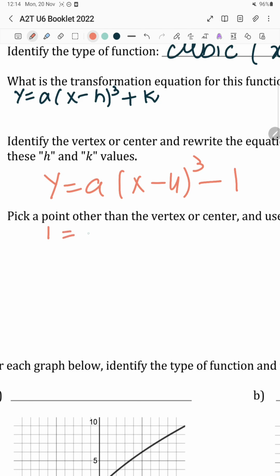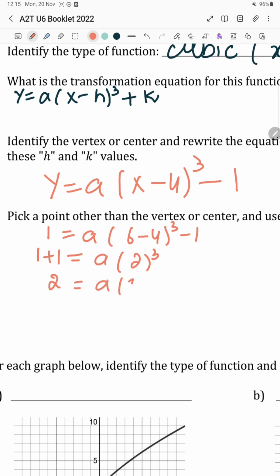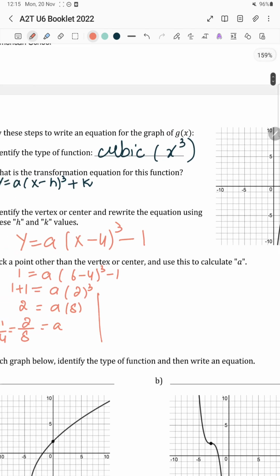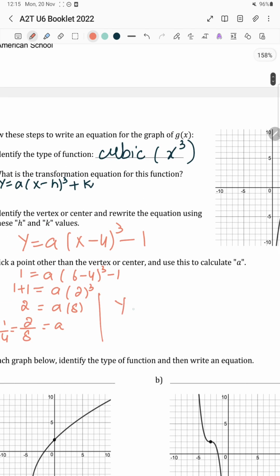Now using these two points we can find a. 1 is equal to a(6 minus 4) whole cubed minus 1. So a is equal to 1 by 4. Now we can rewrite the equation as y is equal to 1 by 4 times (x minus 4) whole cubed minus 1.